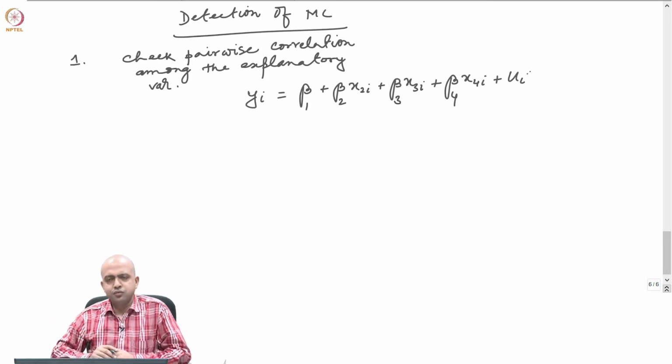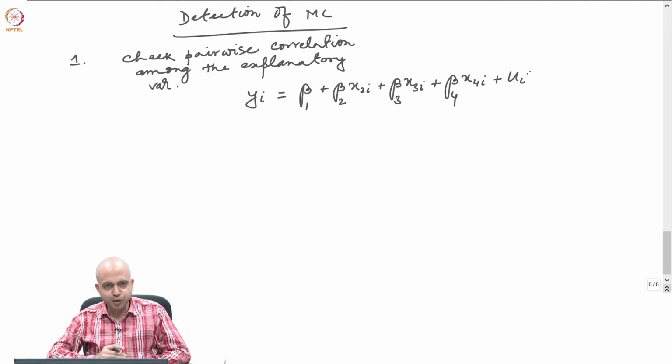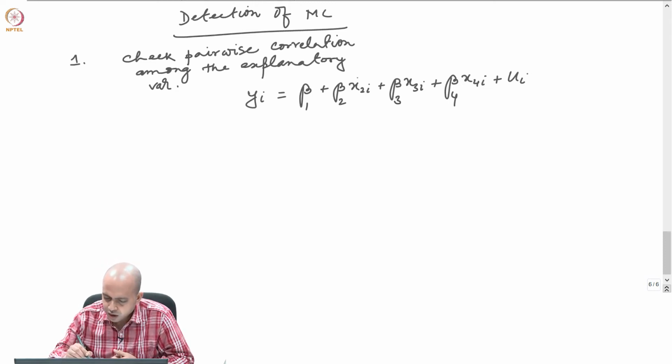Then the simple measure, which they say you should show when you write a paper, before presenting your regression result, is the pairwise correlation between x2, x3, x4.